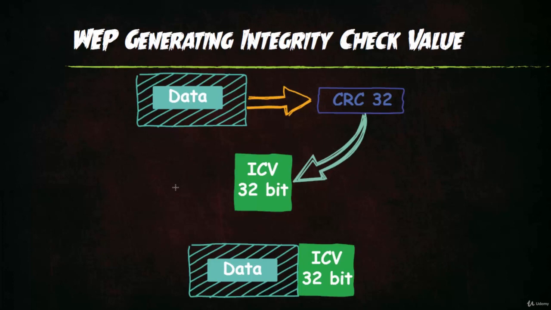So to maintain the integrity of data, we use the CRC 32-bit algorithm, which uses a few bits of data and generates a 32-bit ICV value, which remains the same if we put the same data into it. So if we put the same data again and again into it, we will get the same ICV value, right? And then we will combine this data with the ICV value, right?